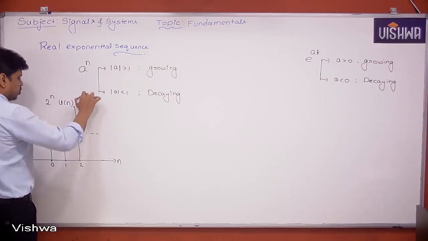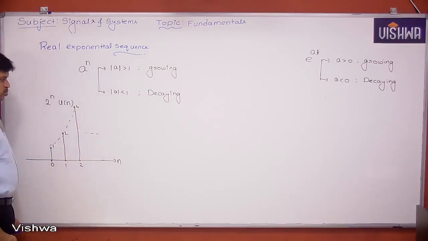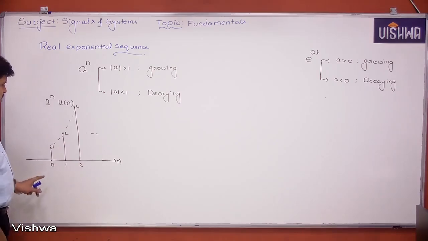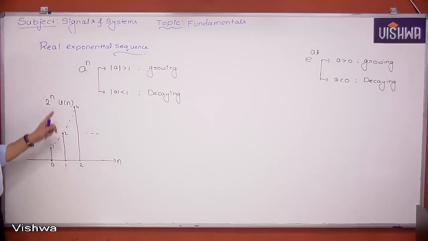So it is a growing exponential. If you observe carefully, what is the a value here? 2, which is modulus of a greater than 1.